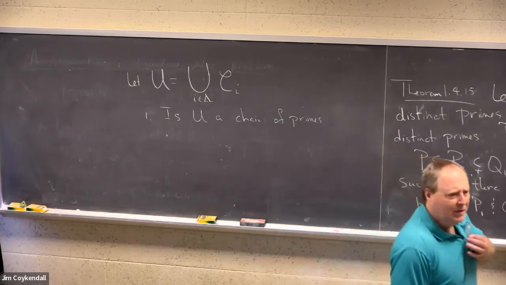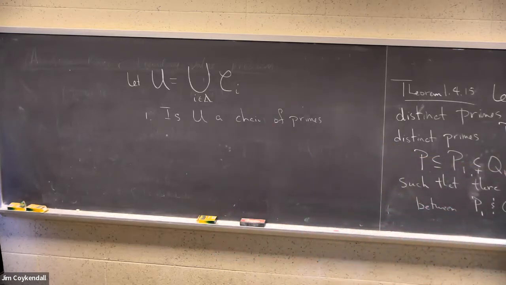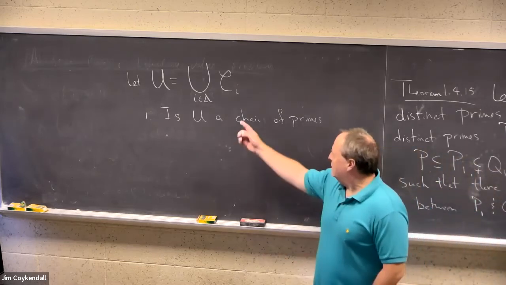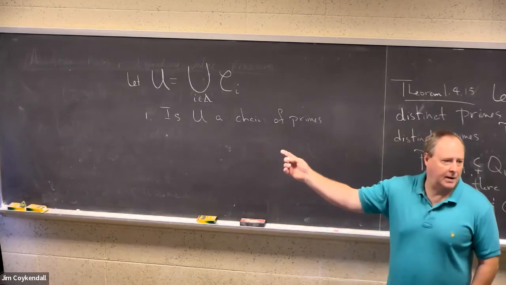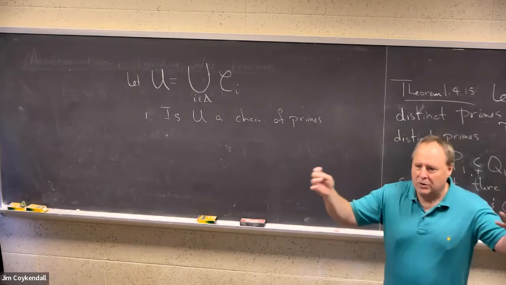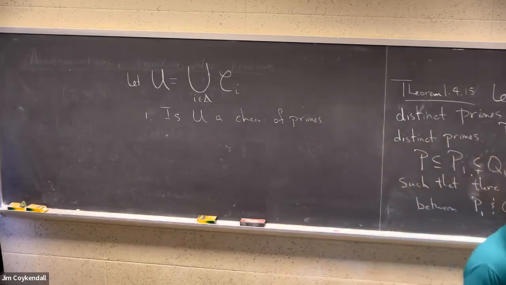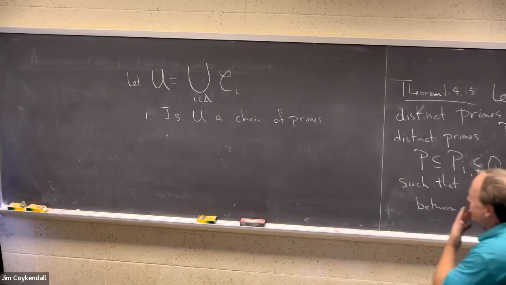I still need to verify that. Here's what I do know: U is this big, huge collection of primes, because I unioned a bunch of chains of primes, and everything involved is a prime. But I'm not quite sure if two prime ideals are comparable. That's what I have to check. So let's see.